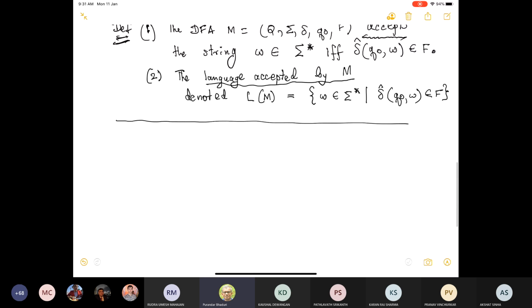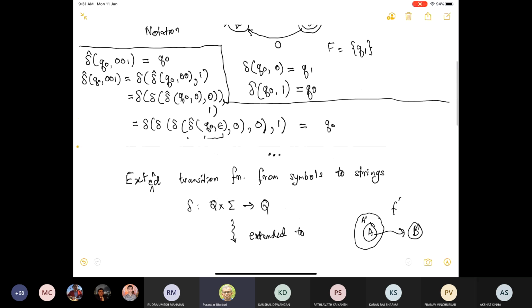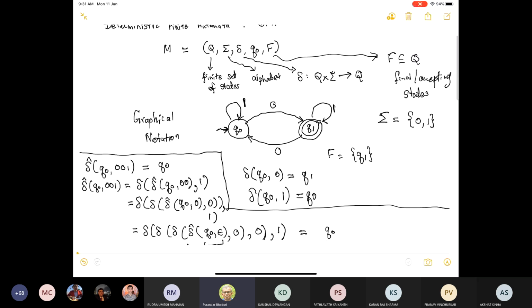Strings having an odd number of zeros. Oh yes, you are right. And why is that correct?